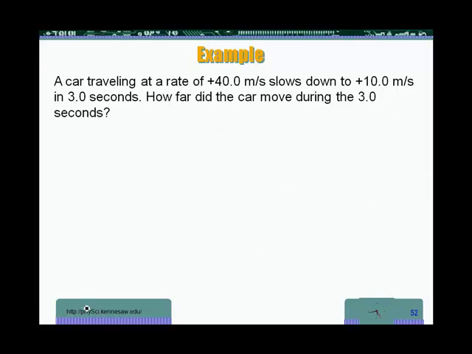Okay, let's work another example. We have a car traveling at 40 meters per second. It slows down to 10 meters per second in 3 seconds. The question, how far did the car move in the 3 seconds? Okay, so what do we have here? The beginning velocity is 40 meters per second.